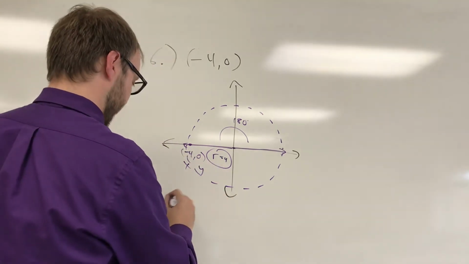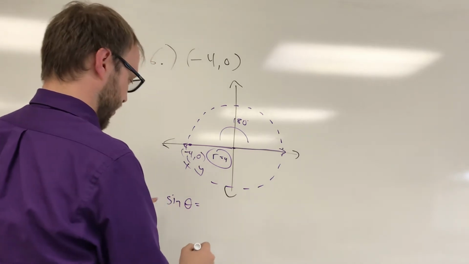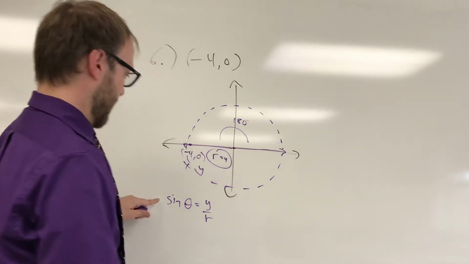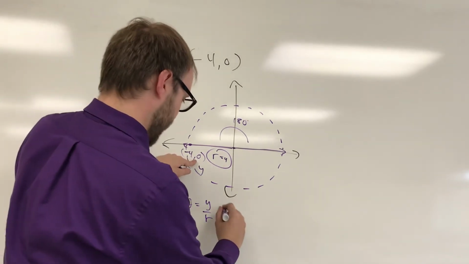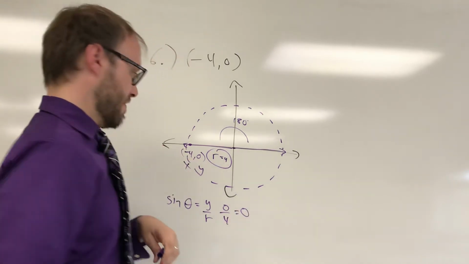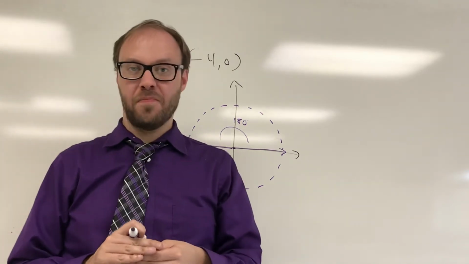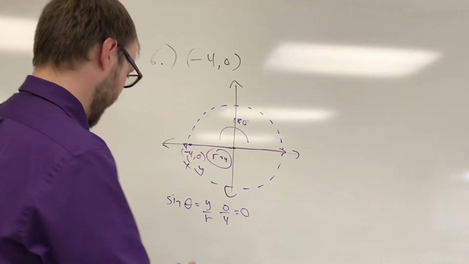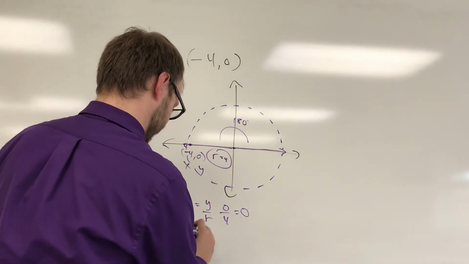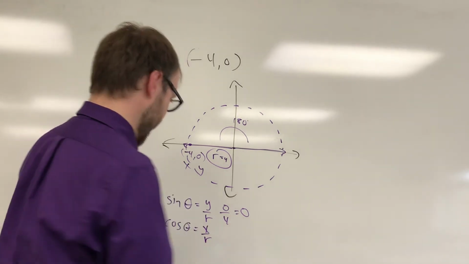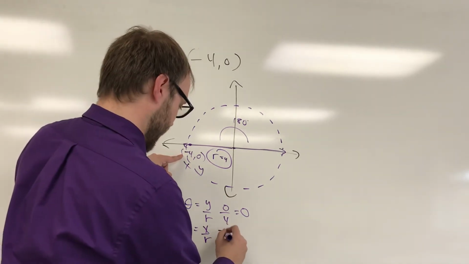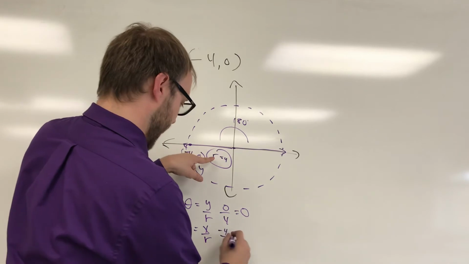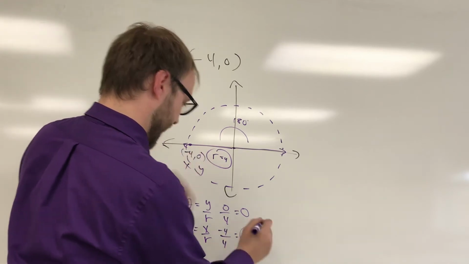So sine is just y over r. The y-coordinate's 0, r is 4. Turns out sine of 180 degrees is 0. And by the way, you can go check on your calculator. Sine of 180 really is 0. Cosine of the angle is x over r. Well, the x-coordinate's -4, the r value is 4, that works out to be -1.